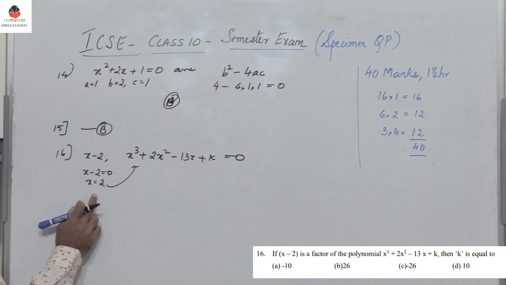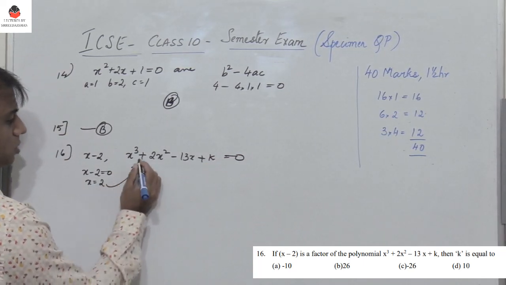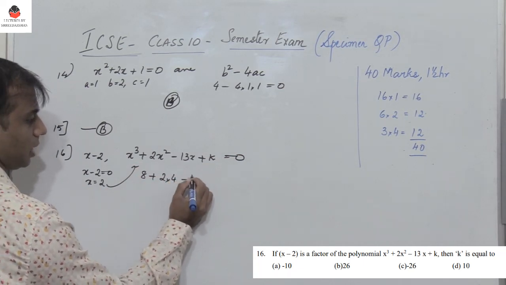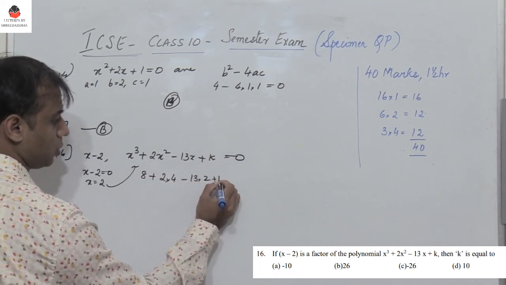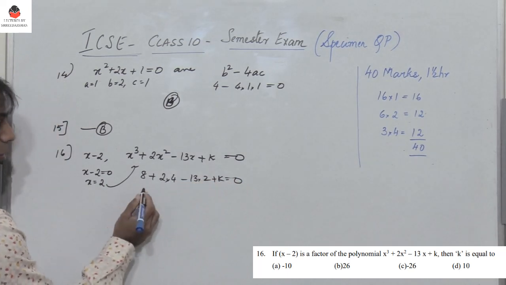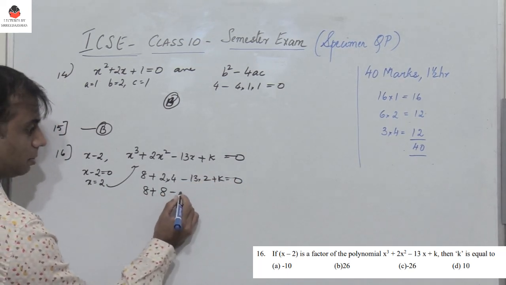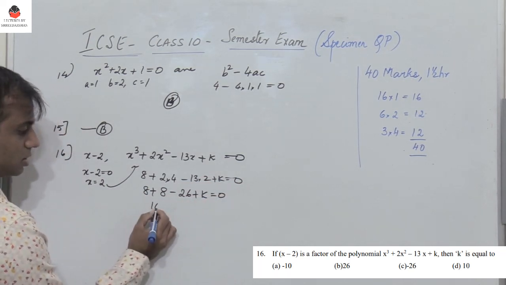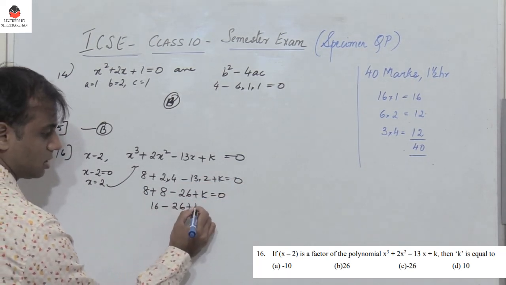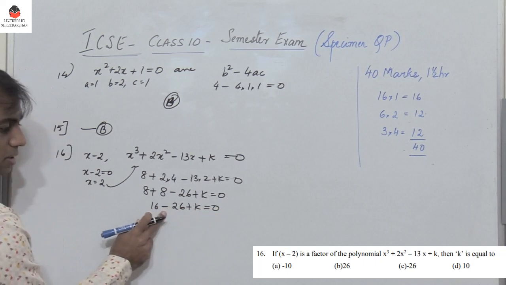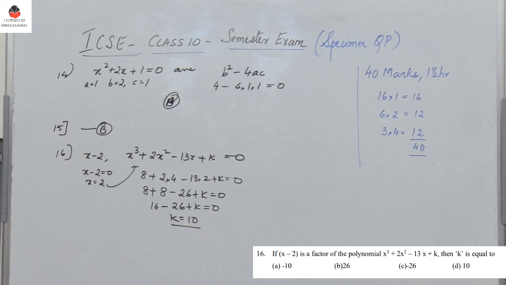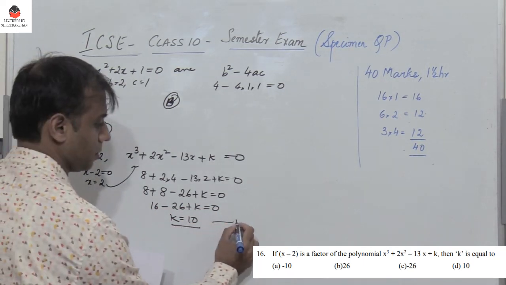So 2 cube is 8 plus 2 into 2 square is 4, minus 13 into 2, plus k equals 0. So you have 8 plus 8 minus 26 plus k equals 0. Now this is 16 minus 26 plus k equals 0. So you get minus 10. So k is equal to plus 10. So the right option is option D.